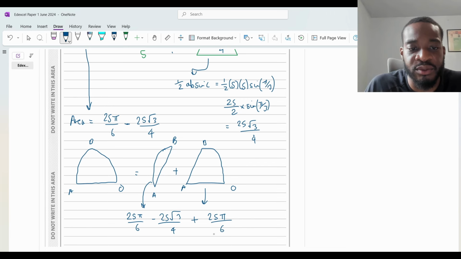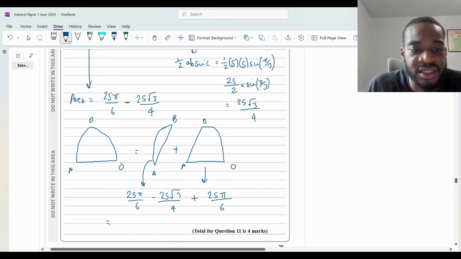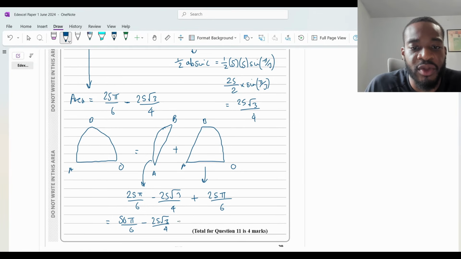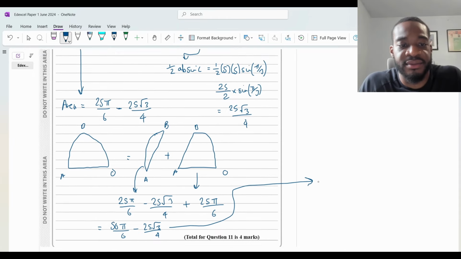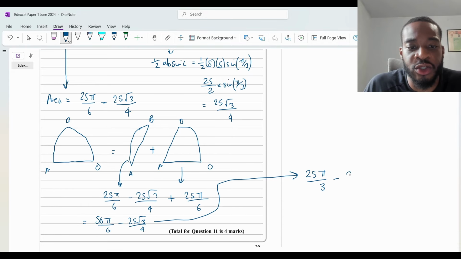Now we can tally that up, and that will give us 50 pi over 6 minus 25 root 3 over 4. 50 over 6 is 25 over 3, isn't it? So it's going to be 25 pi over 3 minus 25 root 3 over 4.